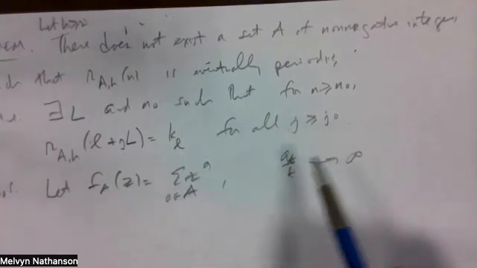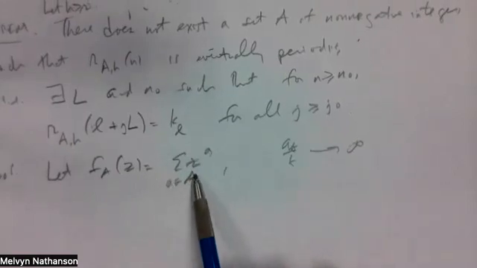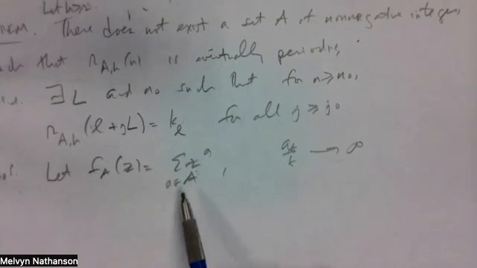So these exponents are growing fast. So by the Fabry gap theorem, this series certainly has a radius of convergence 1, and the unit disk would therefore have to be the natural boundary of the function.